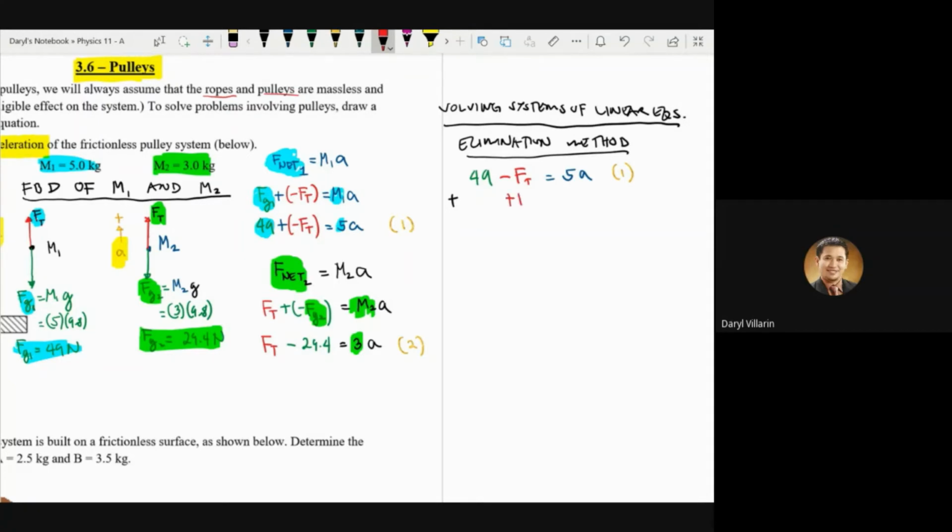Remember, this is plus FT, and this is negative 29.4 is equal to 3a.